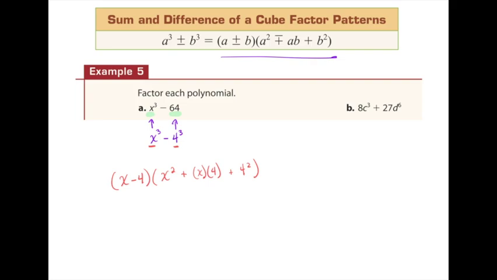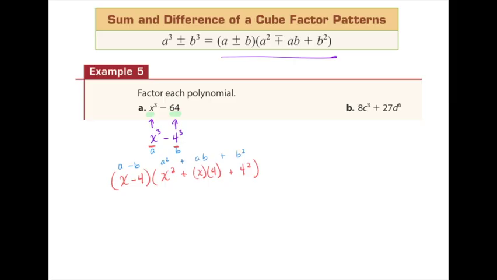That's like my a squared plus ab plus b squared. So this is my a, this is my b, and I did a minus b, times a squared plus a times b plus b squared.